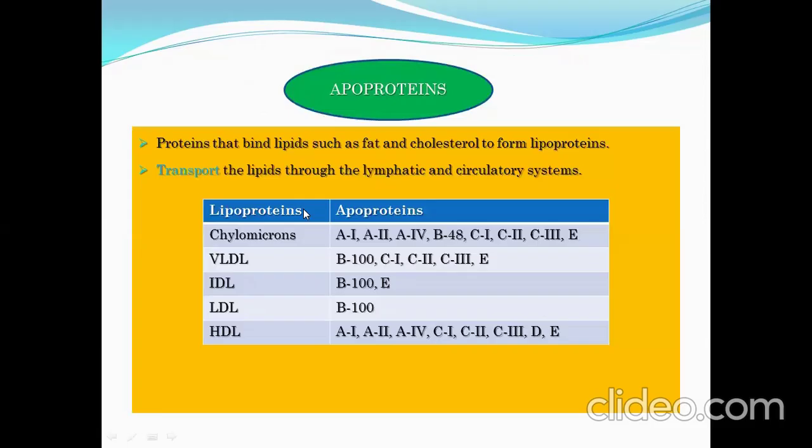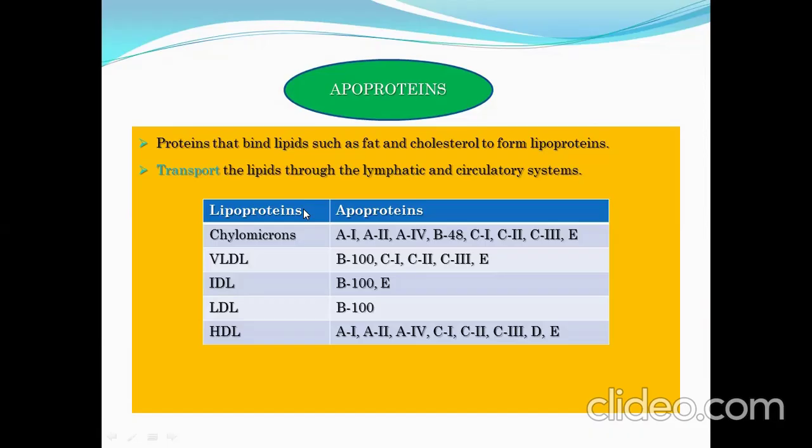Coming to the apolipoproteins. Apoproteins are proteins that bind lipids such as fat and cholesterol to form lipoprotein, which transport the lipids through the lymphatic and circulatory system.